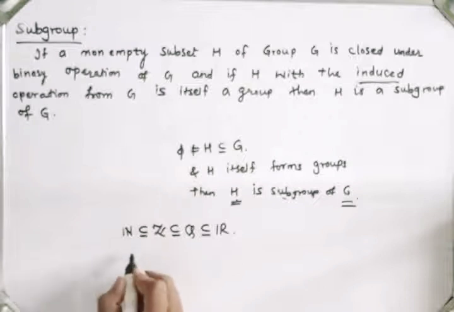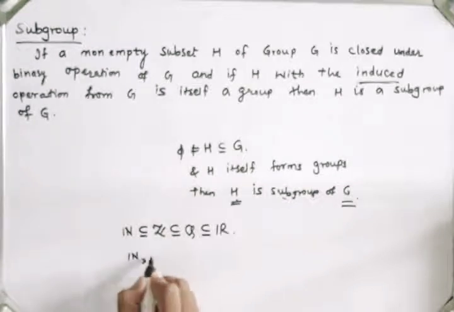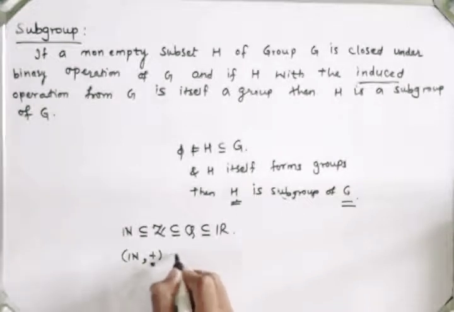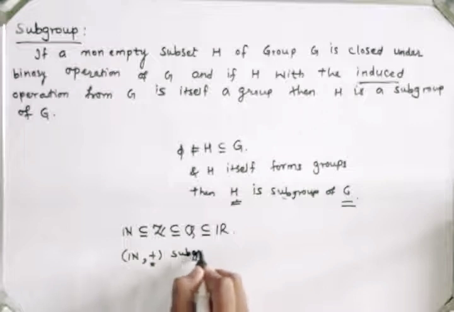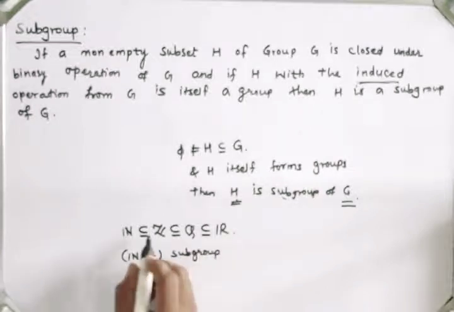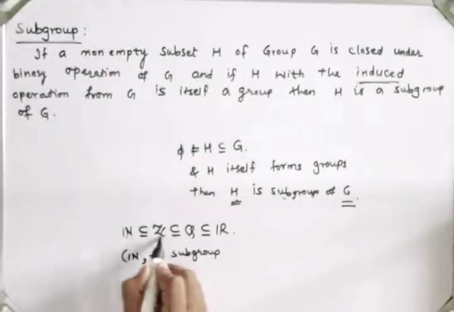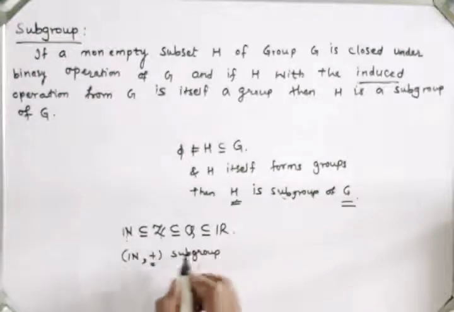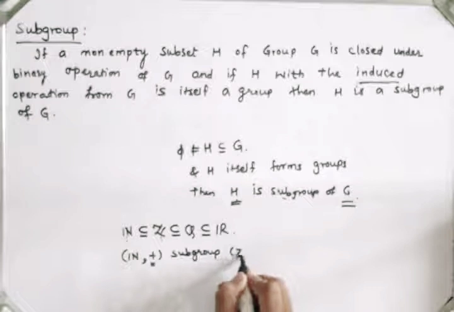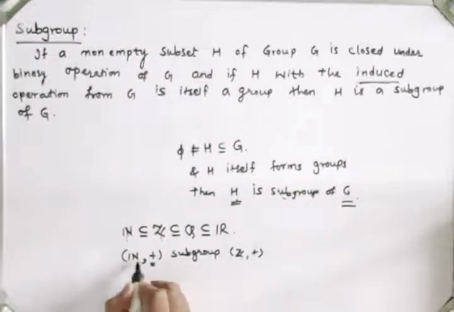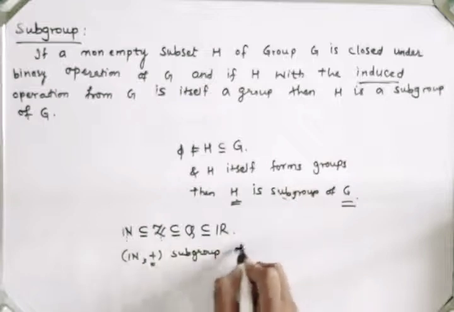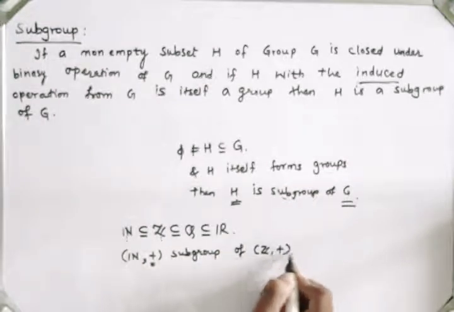So natural numbers under the operation addition, then which is a subgroup of what? First we check the subset. Natural numbers are a subset of the set of integers, so natural numbers under addition are a subgroup of the set of integers under addition.